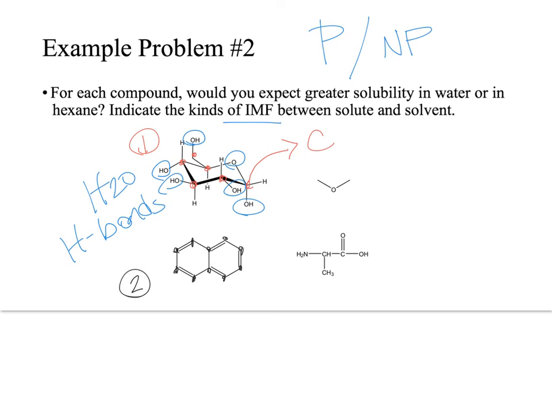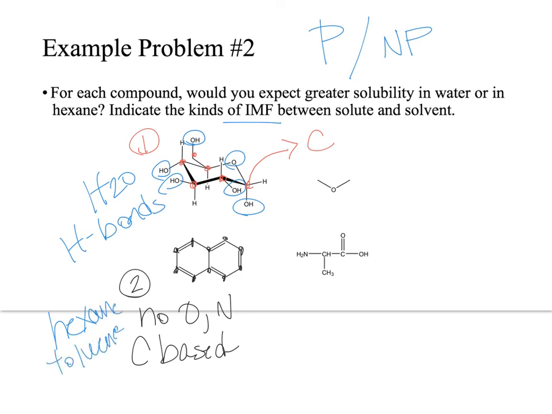But there is no oxygen or nitrogen on this particular molecule. It is carbon-based. And so my best solvents would be hexane and toluene. And the type of intermolecular force is dispersion only.